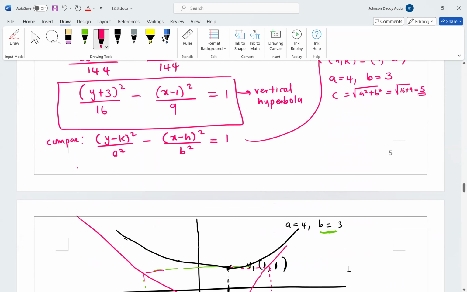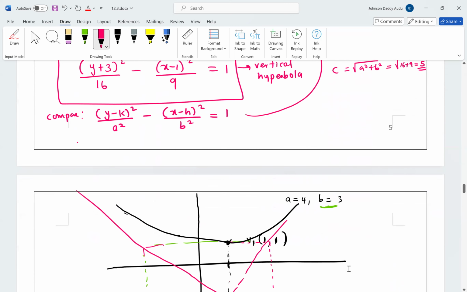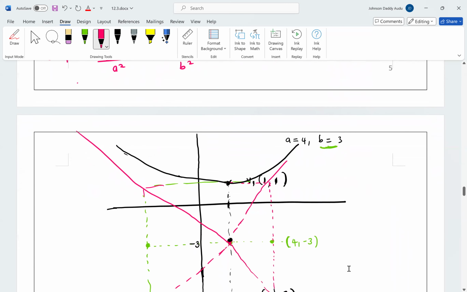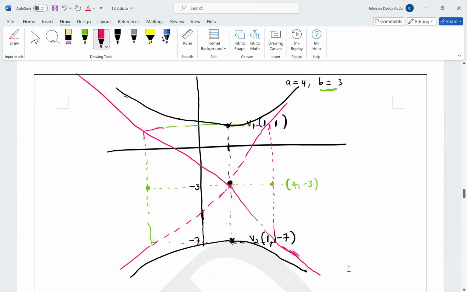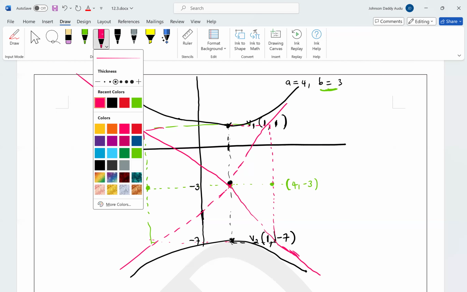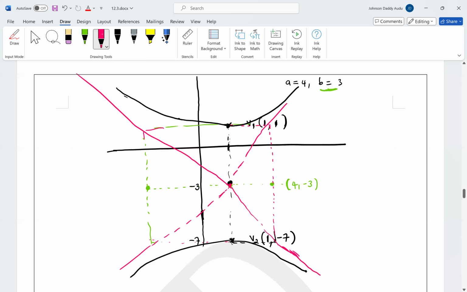So it means you have to calculate a distance of 5 from the center. This is our center here. Don't forget that the focus is going to be also on the transverse axis. So you have to go a distance of 5 upward here. Remember, here is 1 and -3.